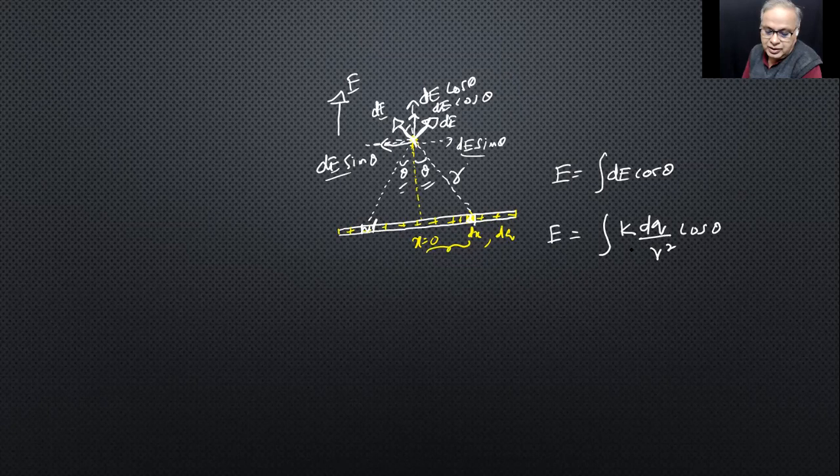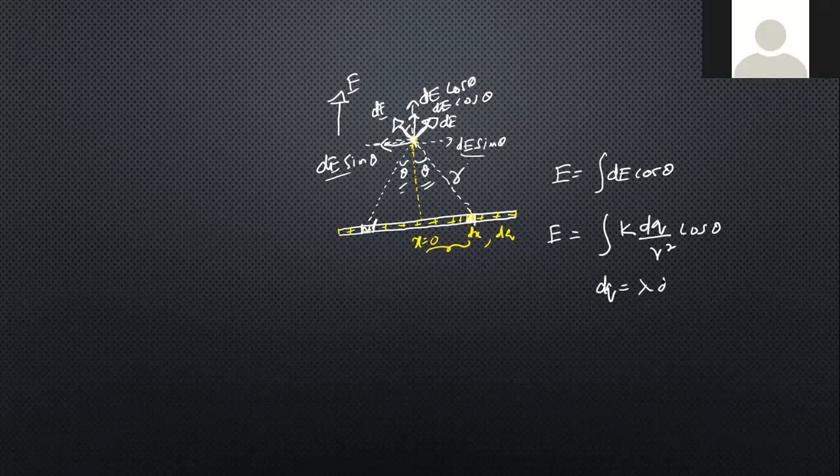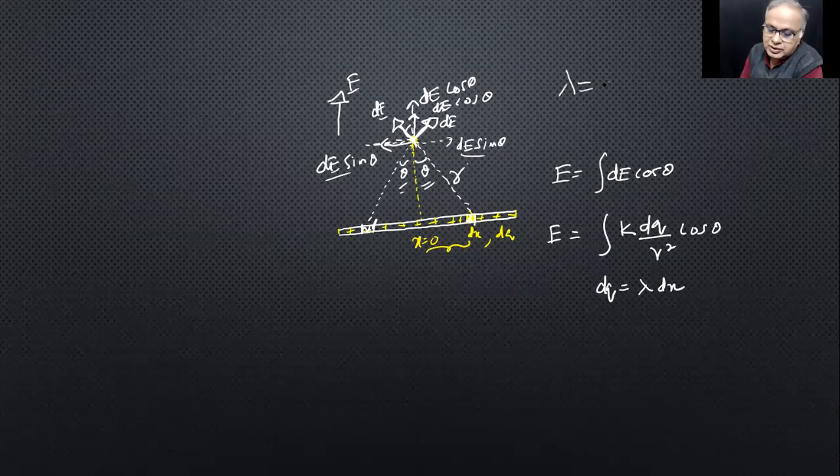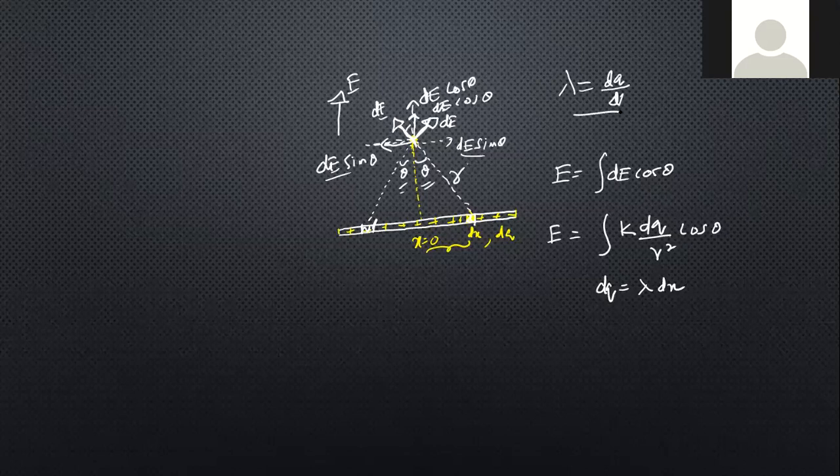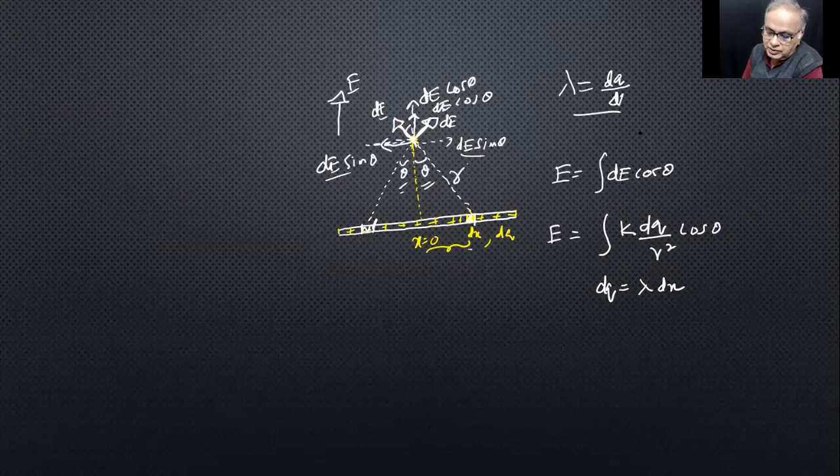So first of all, dq I want. dq equals lambda dx. That's how we define lambda equals dq by dl, right? But I took x here, so simply lambda dx we wrote.